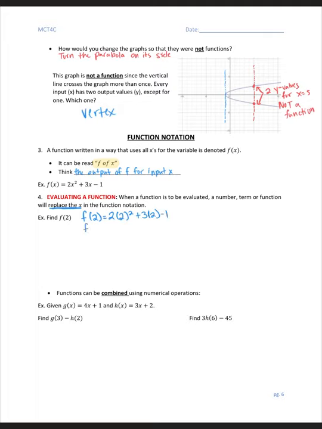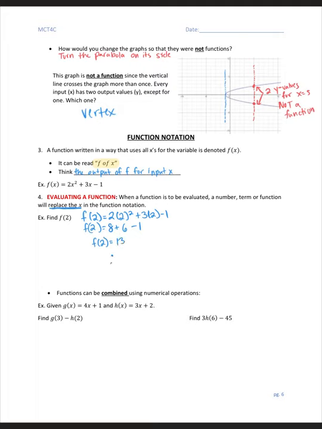And then we just start simplifying. So 2 squared is 4, 4 times 2 is 8, 3 times 2 is 6, minus 1. So f of 2 equals 8 plus 6 minus 1, which is 13.